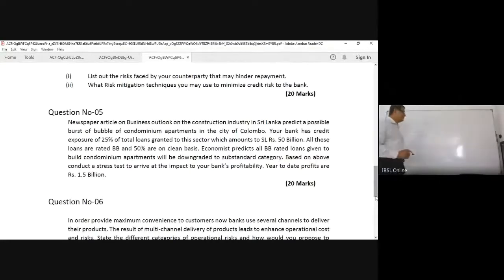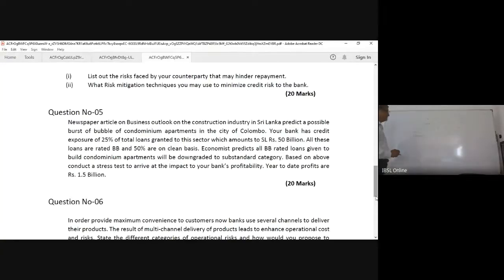So you need to immediately debit your profit and loss account and credit the provision account. So 20% provision on this clean loan will be 5 billion.